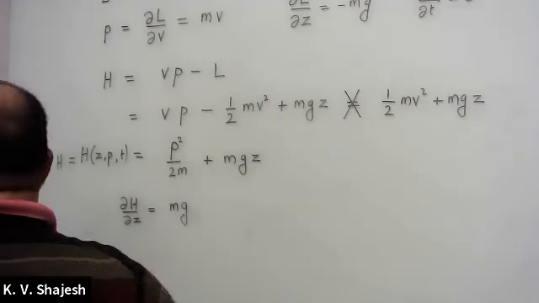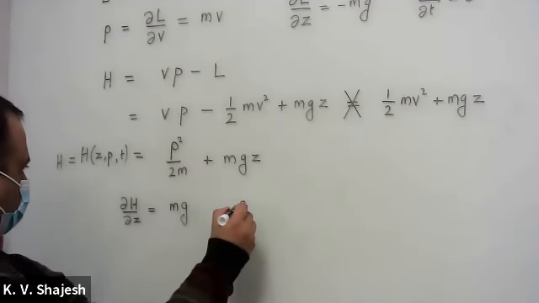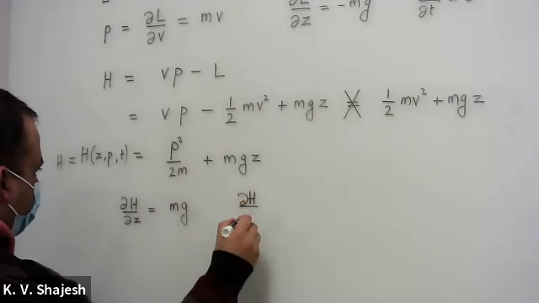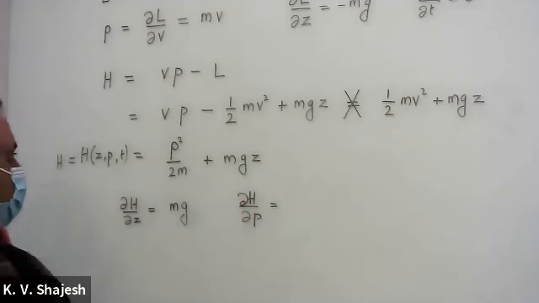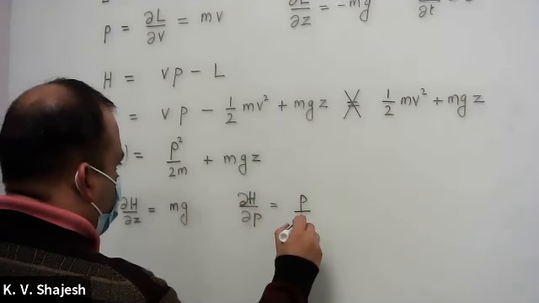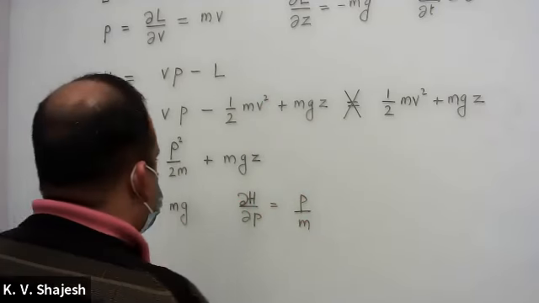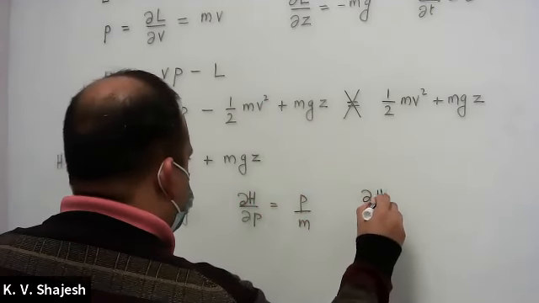And now remember that the partial derivative of x is exactly the negative of that. And what about the partial derivative of h with respect to p? That's equal to p over m, which by definition is the velocity, and dh by dt is equal to 0.